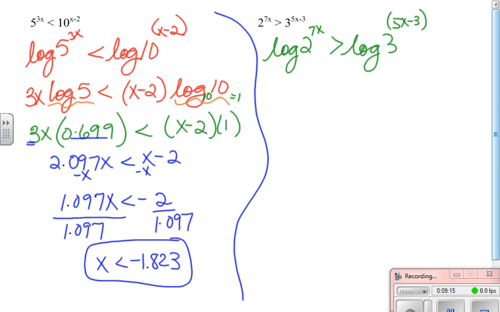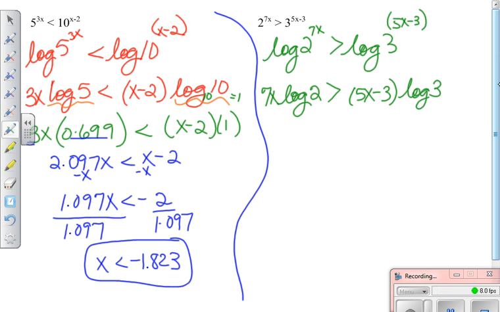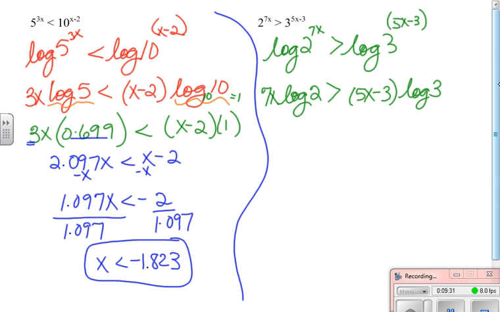Go ahead and apply the exponent rule, which gives me log 7x times log of 2 is greater than 5x minus 3 times the log of 3. Now this time, this is a value and that is the value. I didn't get lucky enough to have log base 10 of 10.